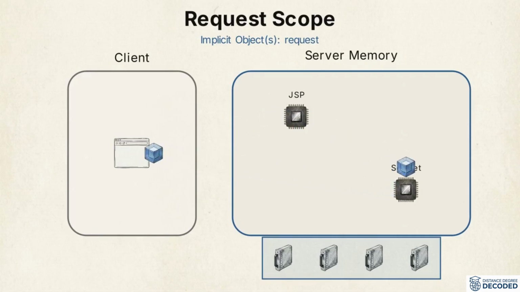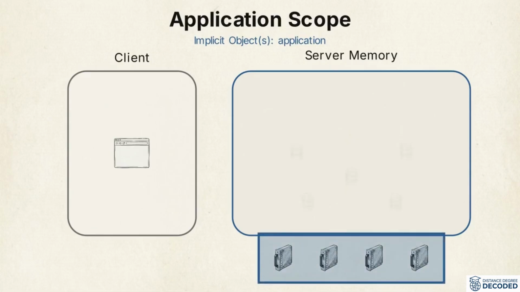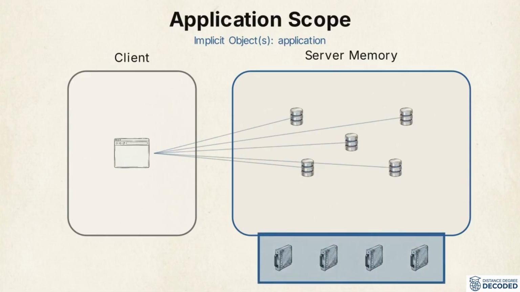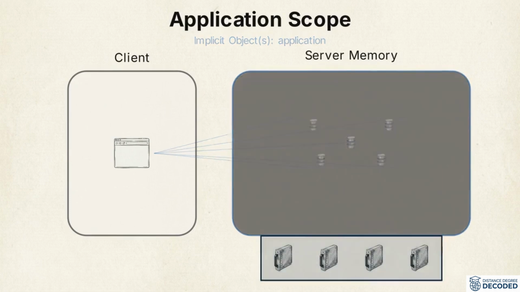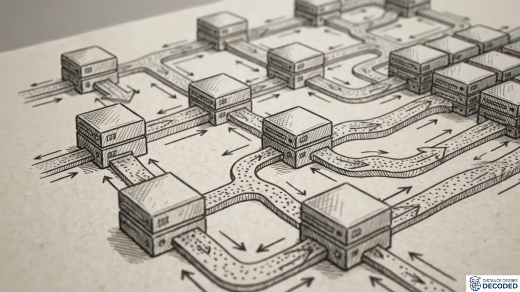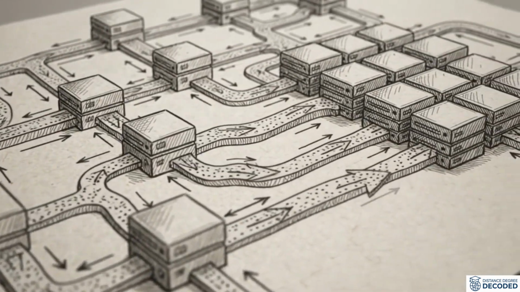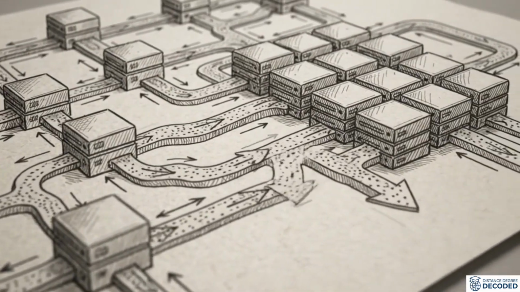Data survives across multiple server-side resources, but only within the exact lifespan of a single HTTP request sent by the client. For longer-term storage, session scope ensures data survives until a specific user logs out. Finally, application scope creates global variables that remain accessible to every user until the server itself is shut down. By mapping implicit objects to these highly specific scopes, developers give a stateless internet its memory, allowing secure, complex applications to function reliably.